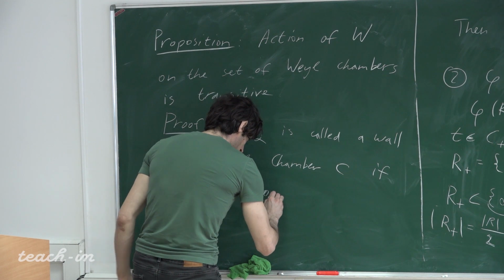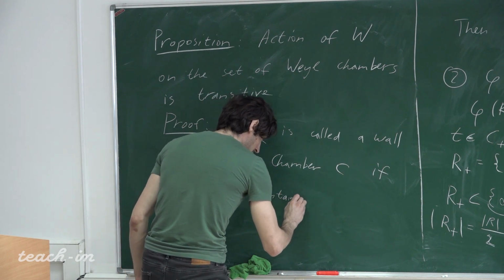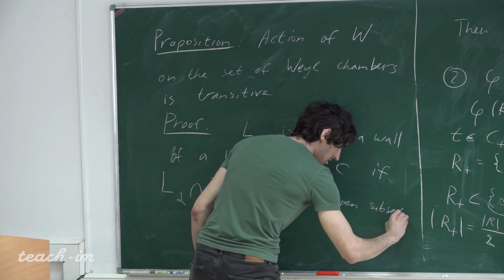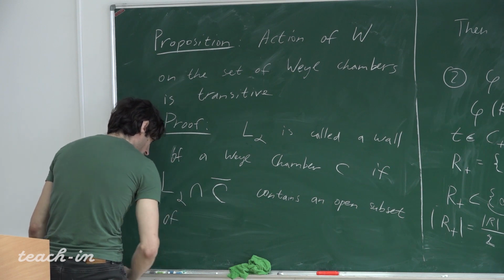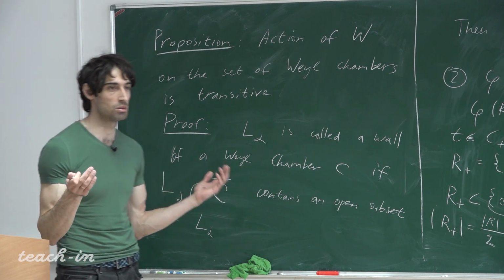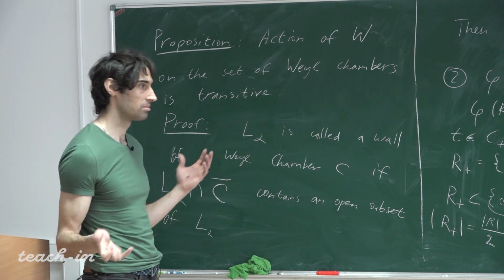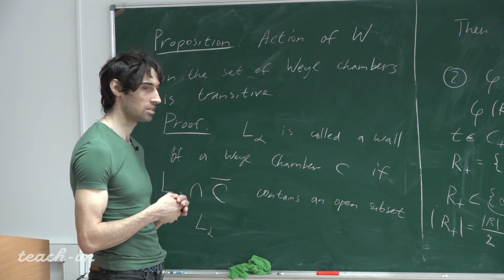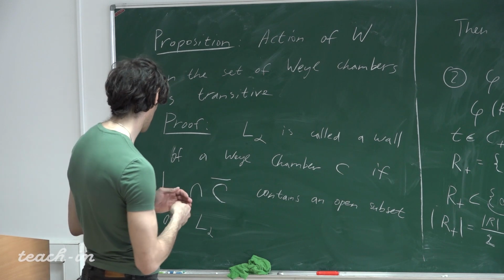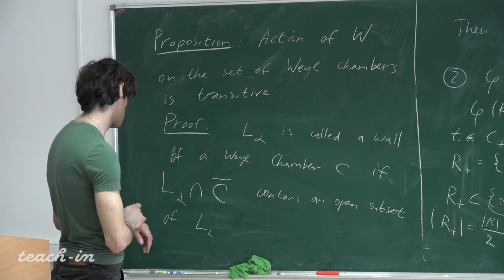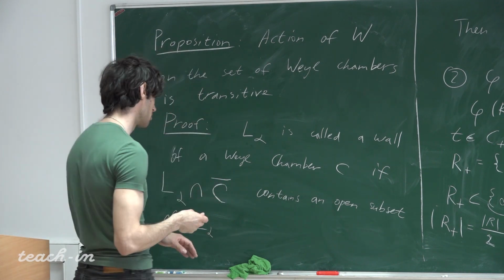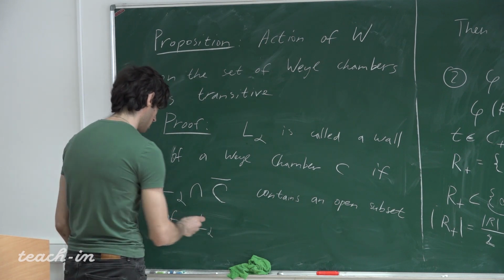It contains an open subset of L alpha. So this something is, you know, well, it is a manifold, maybe with corners and something. But anyways, I would like to put it in words like that.